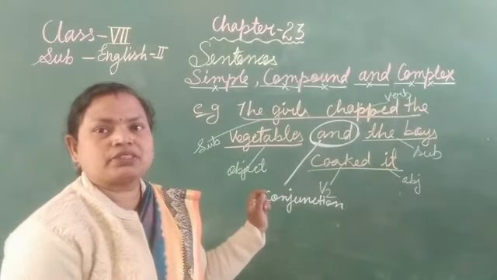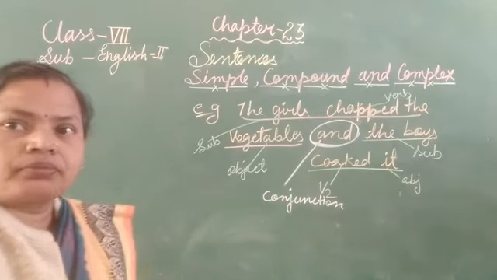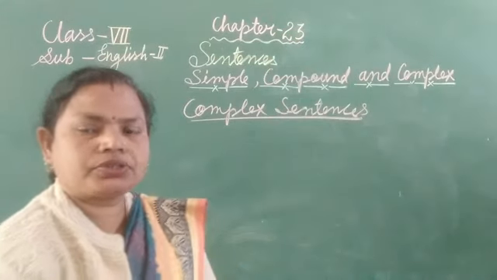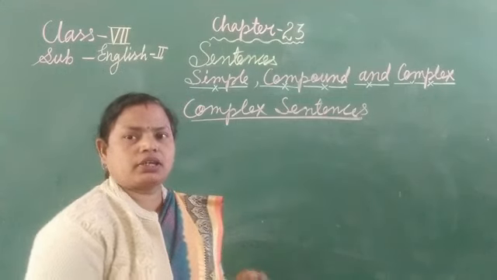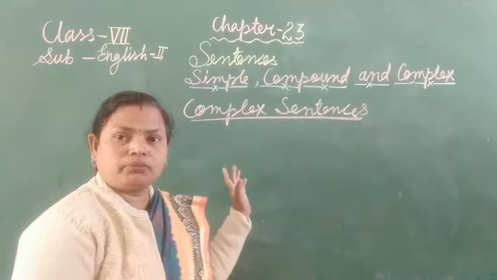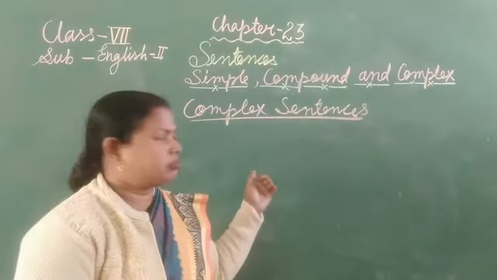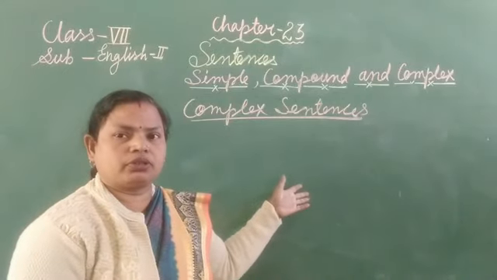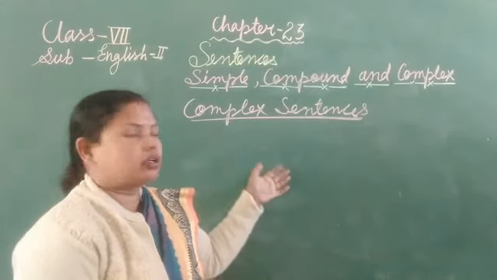Now let's see the complex sentence. Dear student, a complex sentence has one main clause and it may have one or two subordinate clauses. So in this way we can say a complex sentence.